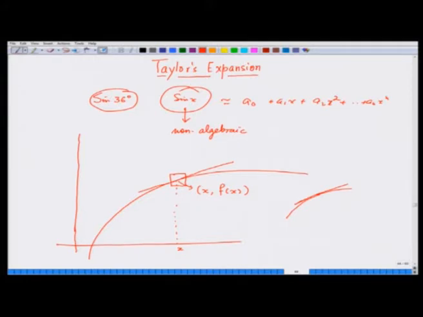which means that if I take another point, say y, very near x, then f(y) can be approximated by computing the corresponding point on the tangent.